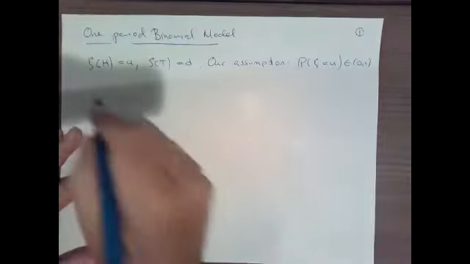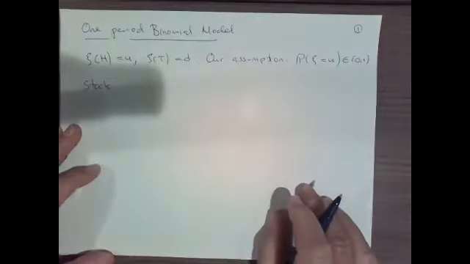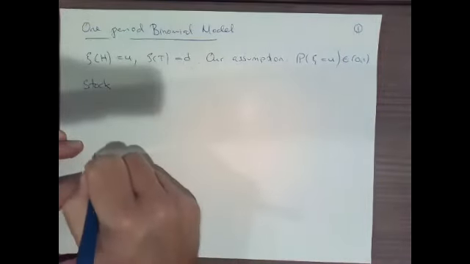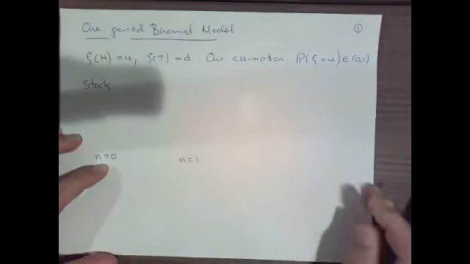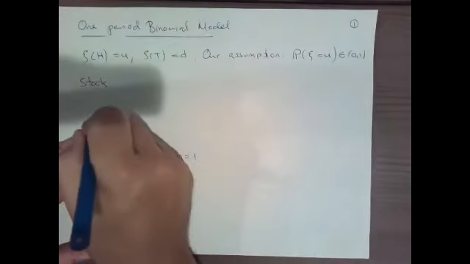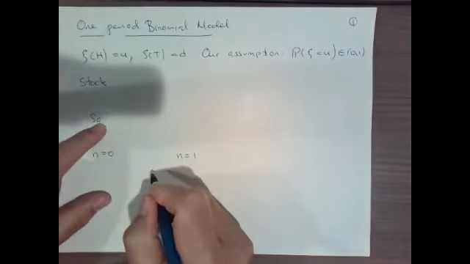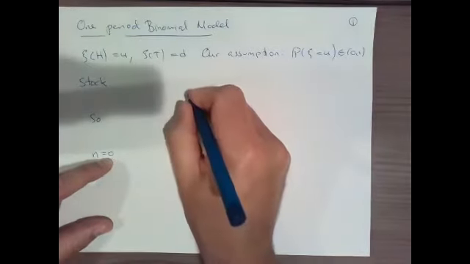Then we're going to model the stock. We have one period, so that'll be 2 time points: the initial one and the terminal one. We start out with S0, where the 0 downstairs corresponds to the time point. Over here we're going to have S1.